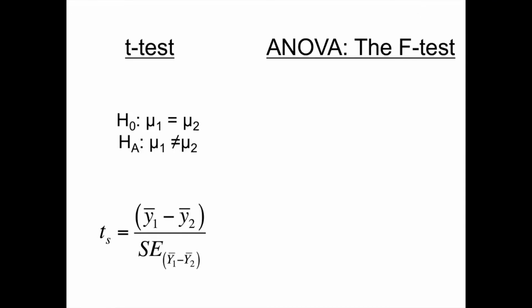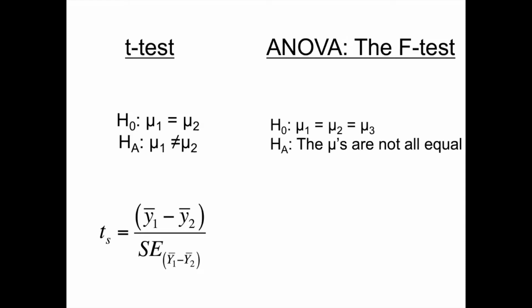Now, in an ANOVA, we're doing something really quite similar, but in this case, we're calculating what's called an F-test statistic. In this scenario, we're testing the null hypothesis that all three population means are equal to one another, and the alternate hypothesis that the population means are not equal to one another.